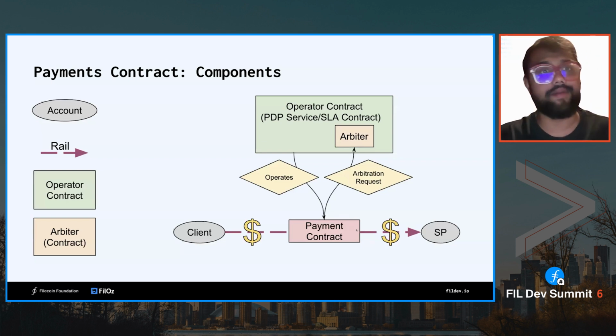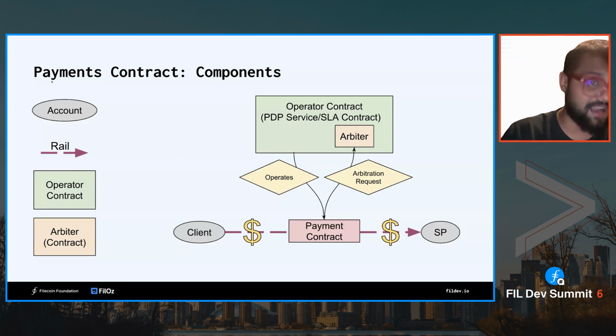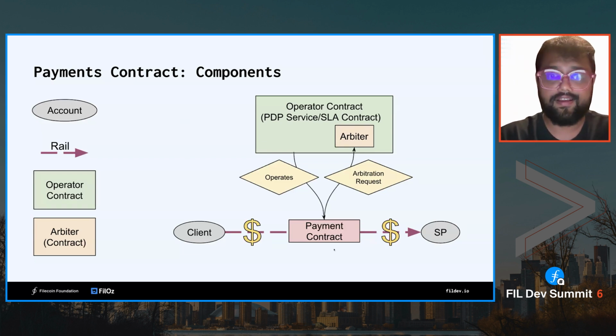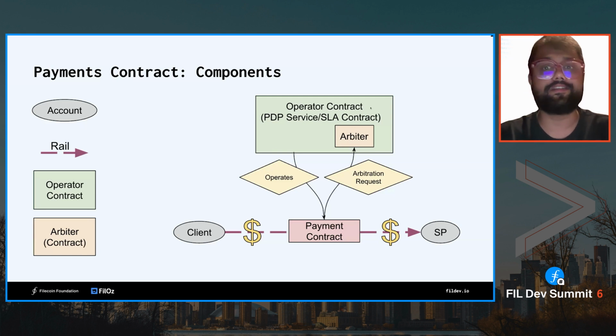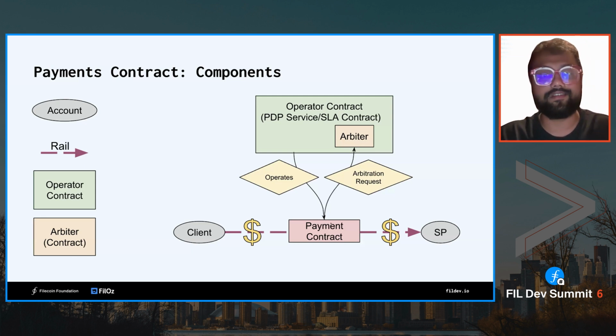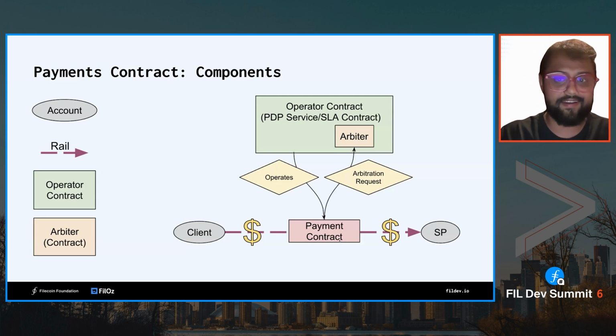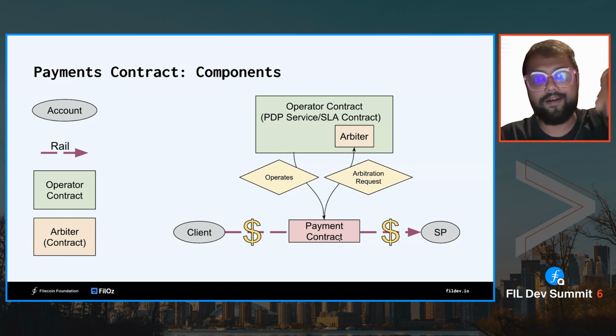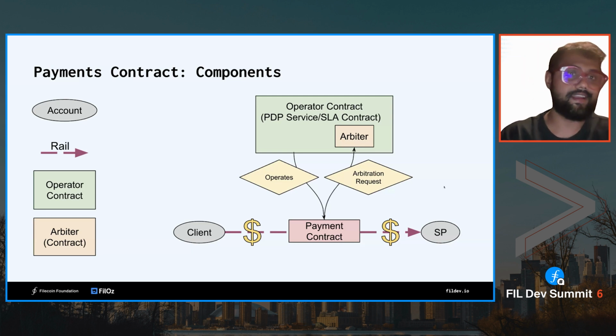And before doing the settlement and transferring the funds to the SP's account within the contract itself, it consults the arbiter contract that I've described here. You get to decide what the arbitration contract does, and based on the decision of the arbitration contract, funds are transferred from the client's lockup to the service provider. And the nice thing here is, like I said, because of lockup, the service provider is always guaranteed payments for a certain number of epochs.